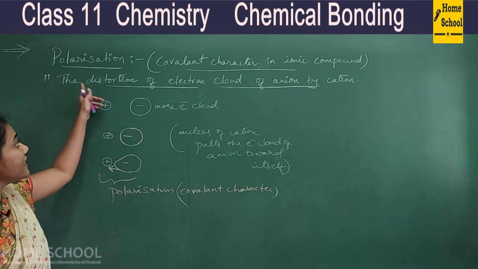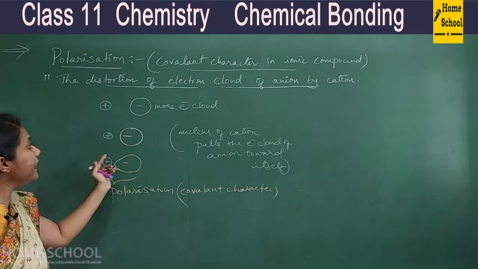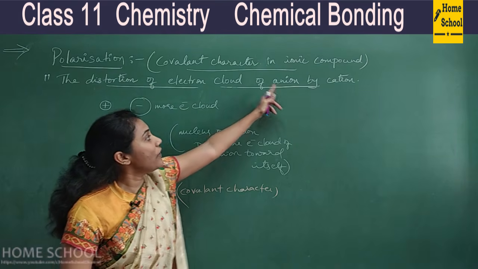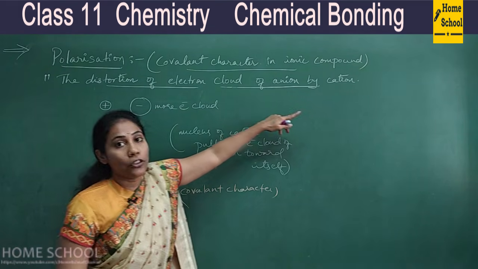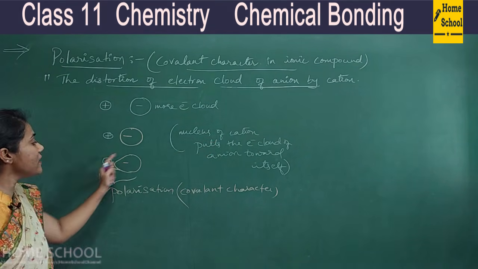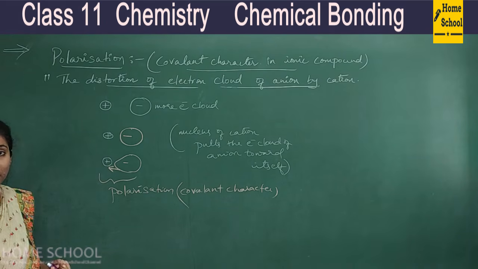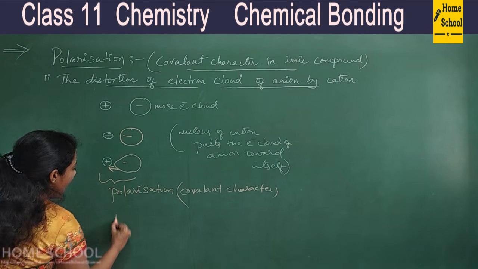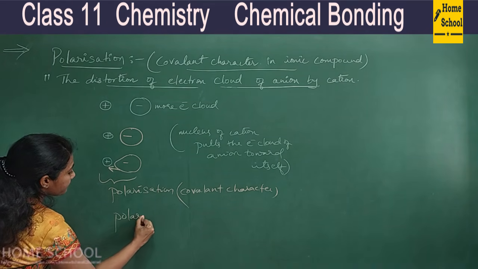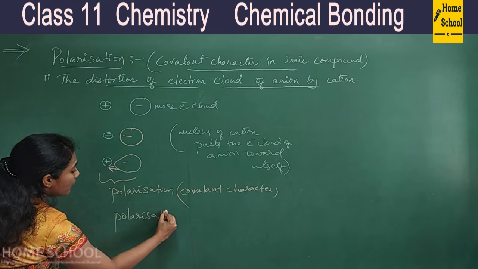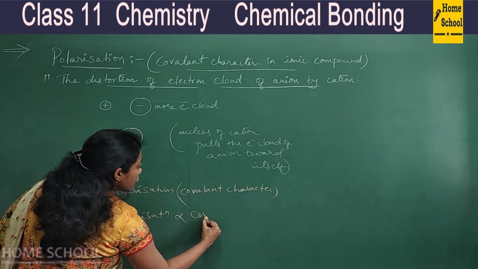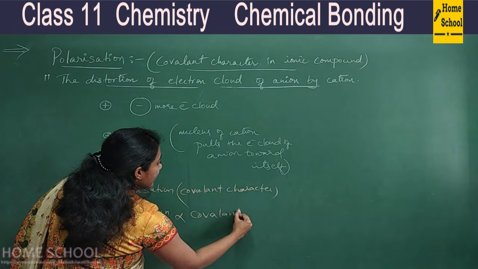It is the distortion, that is, movement of the electron cloud of the anion by the cation. Who is responsible for this distortion? It is the cation, right? So here I can write: polarization is directly proportional to covalent character.